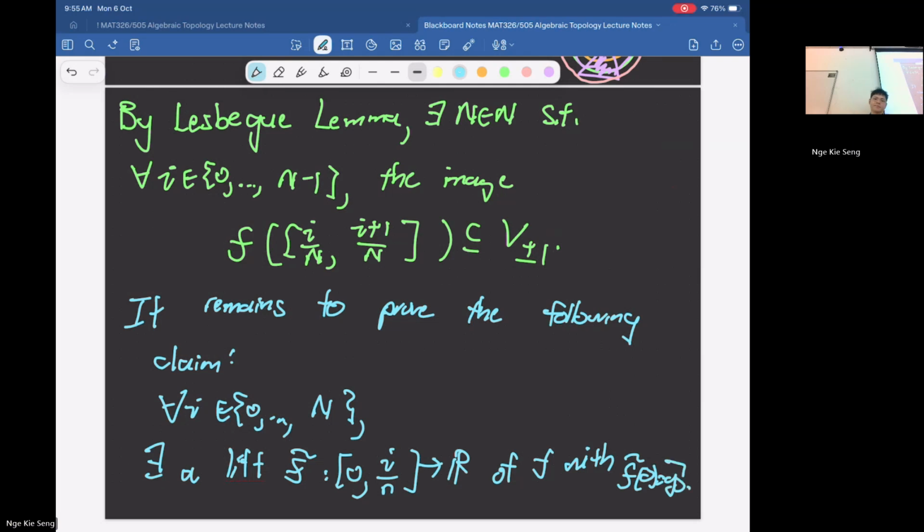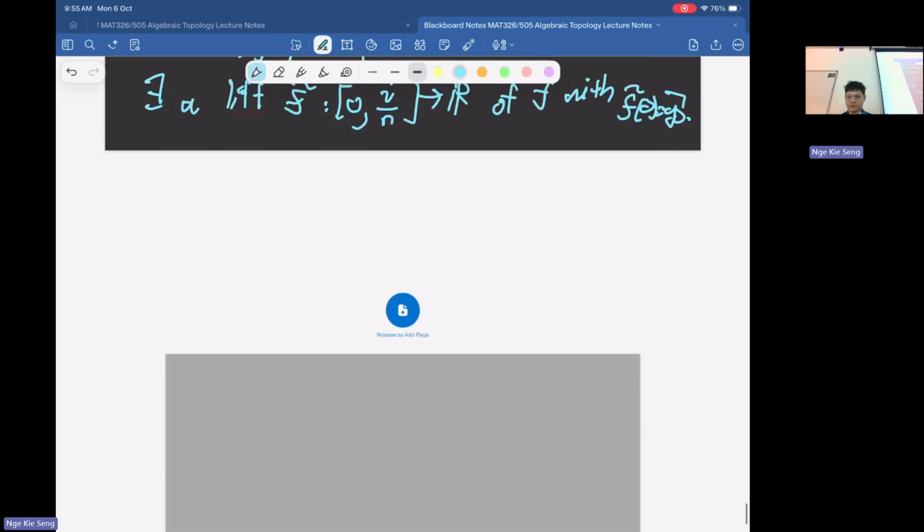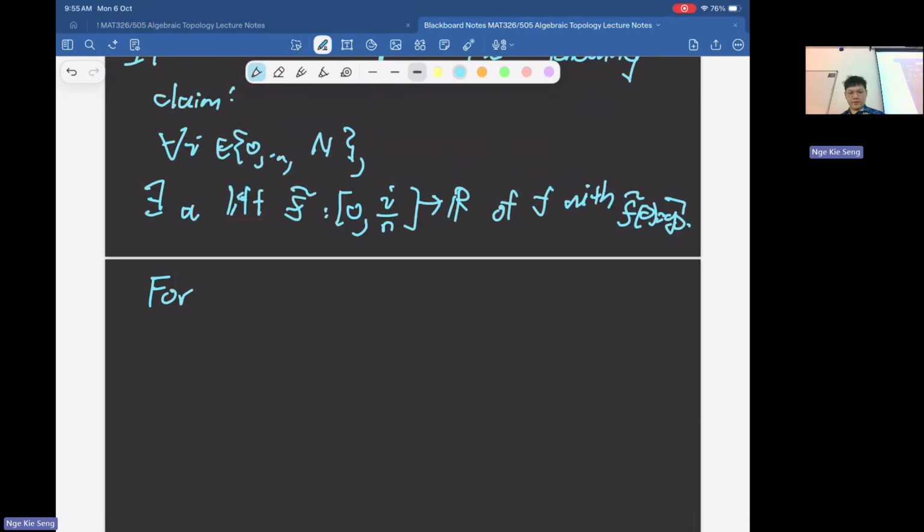The base point we should know how to lift, because that's the point I tell you. For i equals 0, just set f tilde 0 to be y naught tilde.